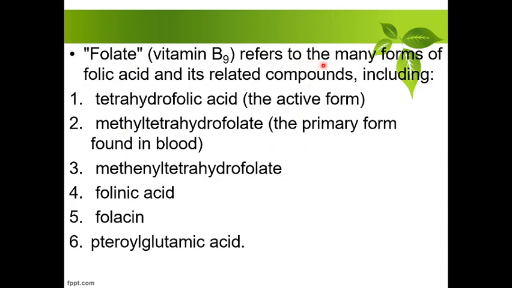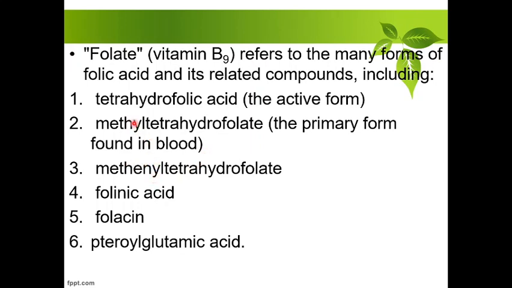Folate refers to many forms of folic acid and its related compounds. कौन से हैं? That is, folic acid is present in many forms. ठीक है? Tetrahydrofolic acid, active form; methyltetrahydrofolate, the primary form found in the blood, right?